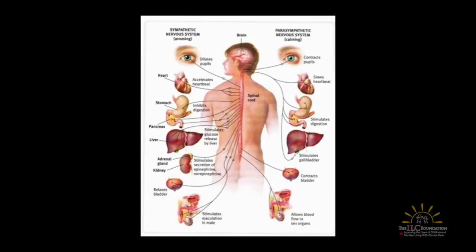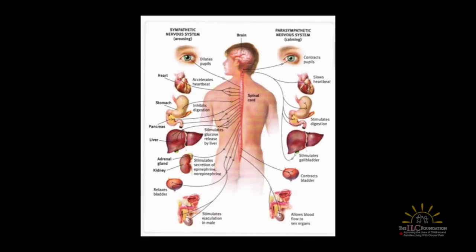Because the autonomic nervous system affects virtually every organ system in the body, we can see manifestations in virtually every aspect of human functioning when the autonomic nervous system is not working well.